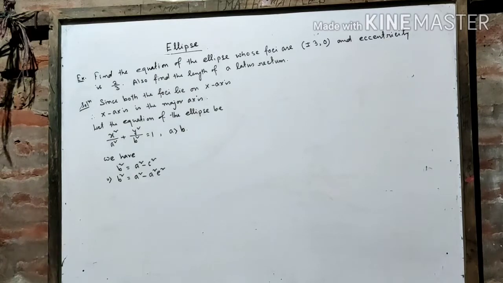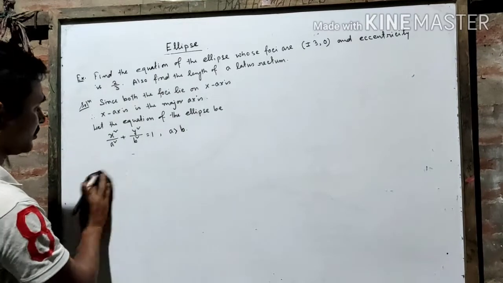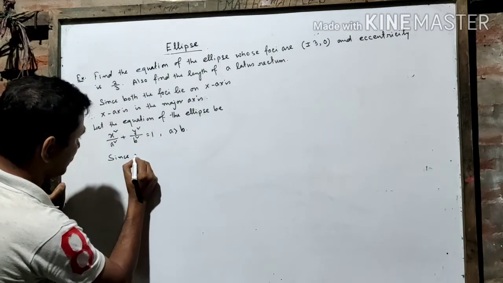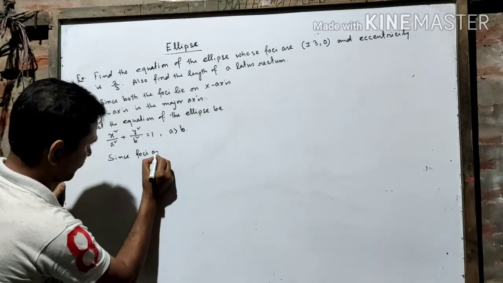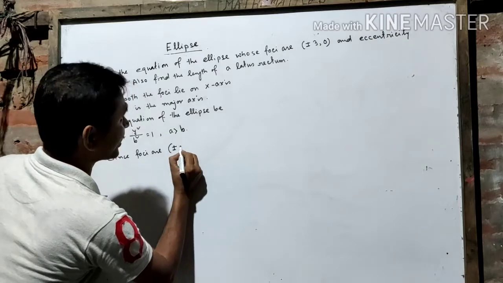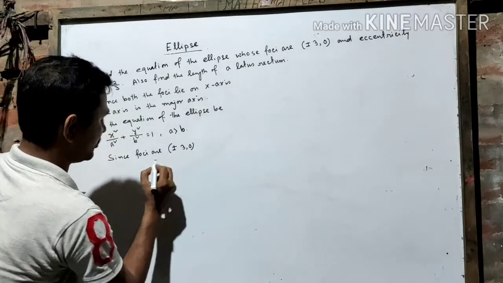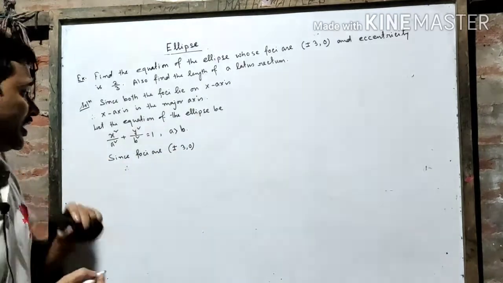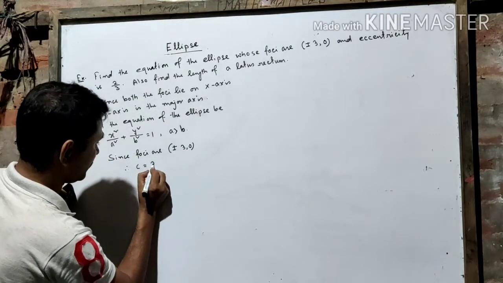Before this, since foci are (±3, 0), therefore, what is the formula for foci? (±c, 0), therefore c is equal to 3.